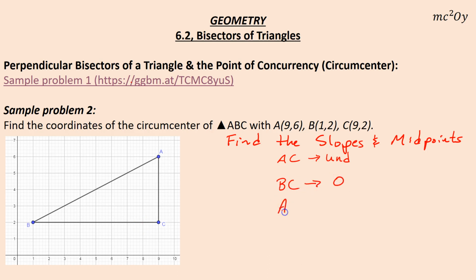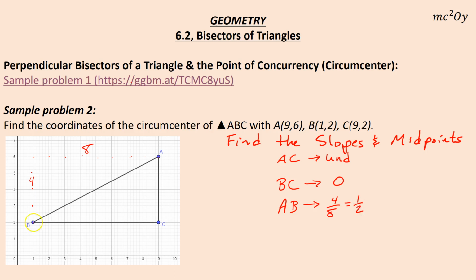And the slope of AB, if we just take the two in, we rise 4, and we run 8. So we rise 4, we run 8. So a slope of 4/8, also known as 1/2.